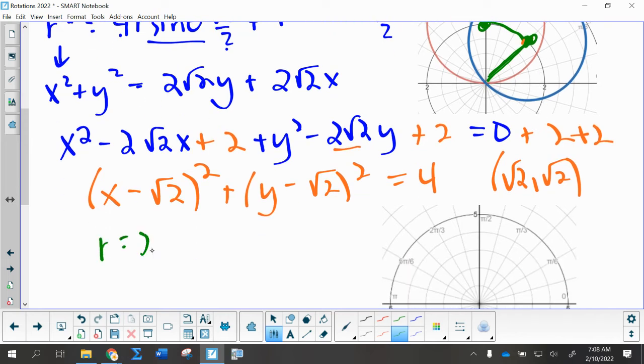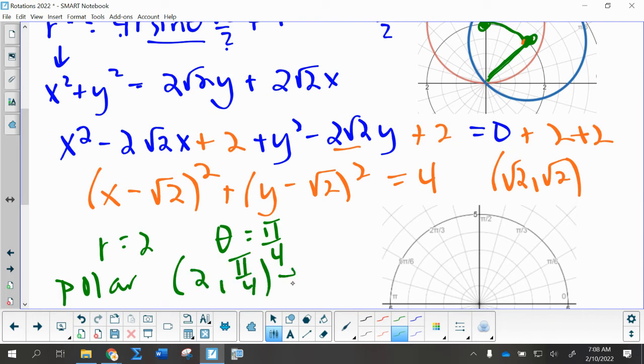So in polar form, the point is this. To turn it into rectangular, I would do 2 cosine pi over 4, 2 sine pi over 4.